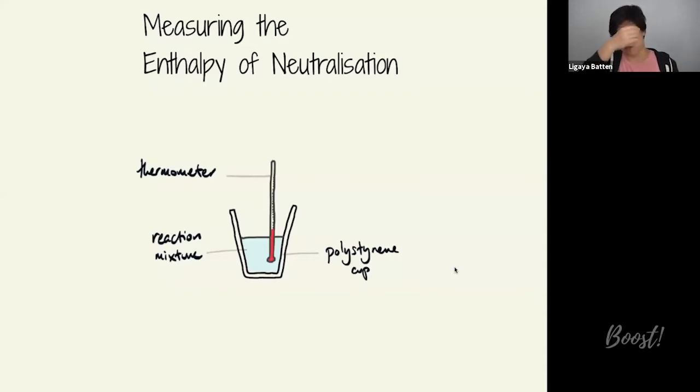So we want to make sure that the equipment we use is going to capture all of that enthalpy change, so we want to use whatever apparatus is going to be the most insulating. The reason we use polystyrene instead of a glass beaker, let's say, is because it is a relatively insulating material. Sometimes you might even double up your polystyrene cup to give an extra layer of insulation.